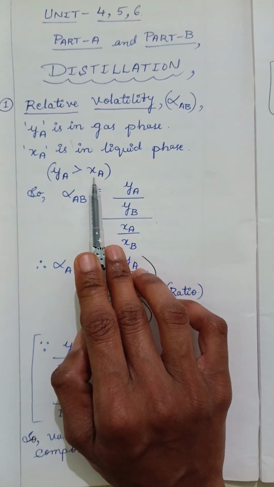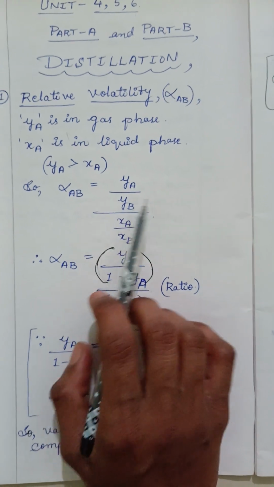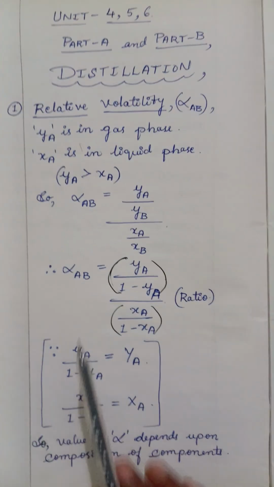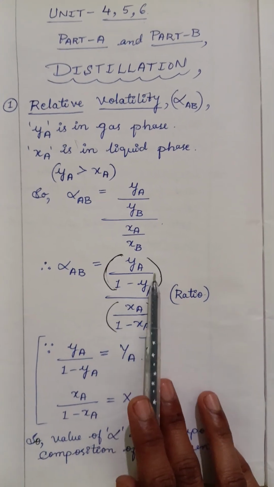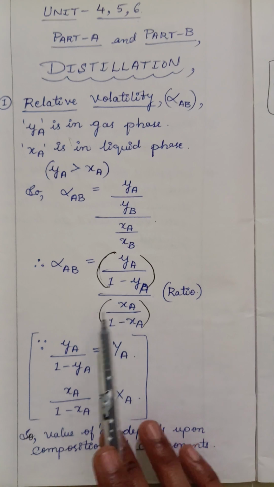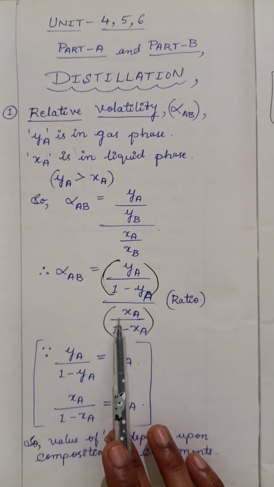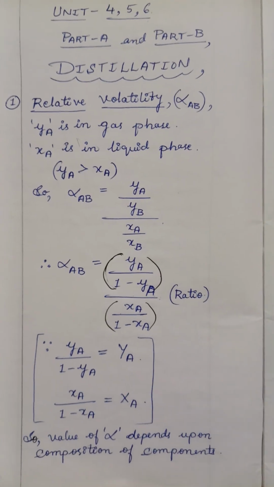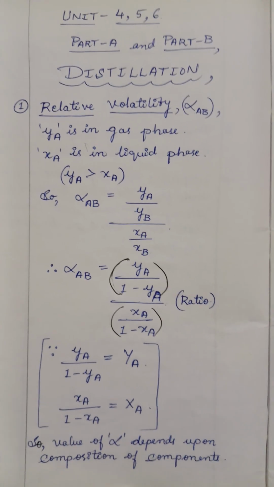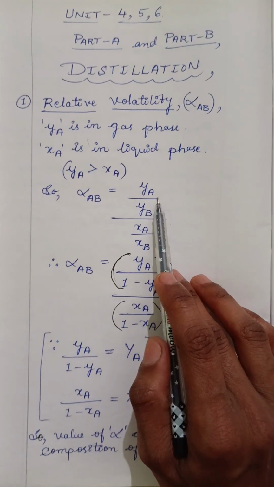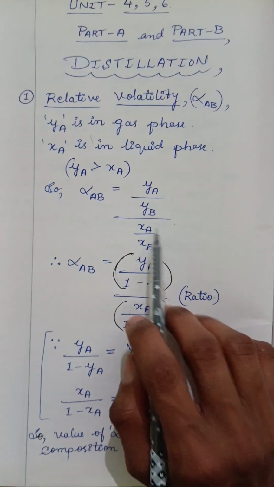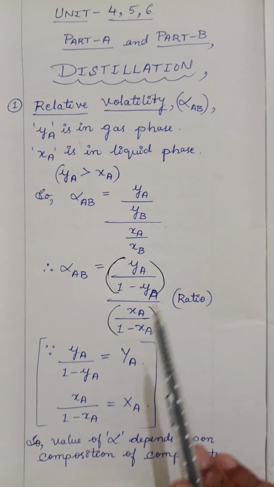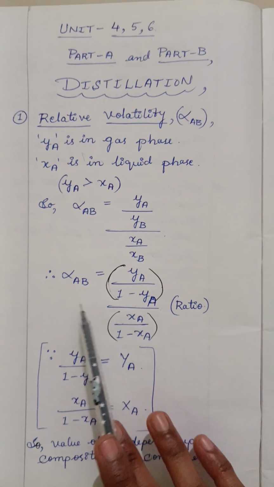When Y is greater than X, we get the alpha value as Ya by Yb whole divided by Xa by Xb. Alpha AB will be equal to Ya divided by 1 minus Ya, whole divided by the ratio Xa by 1 minus Xa. Here we are just taking two components called A and B. We take component A in the numerator and component B in the denominator, and give the ratio.